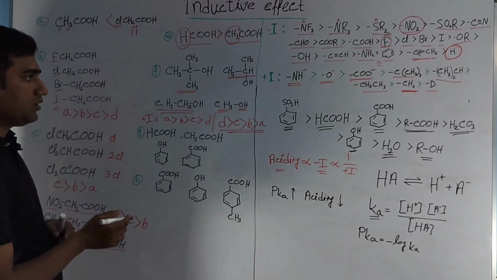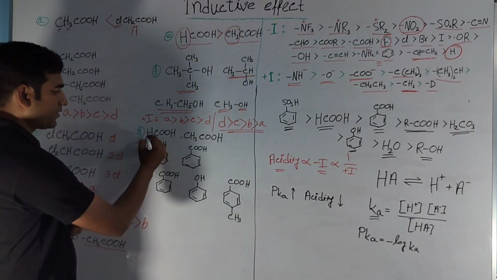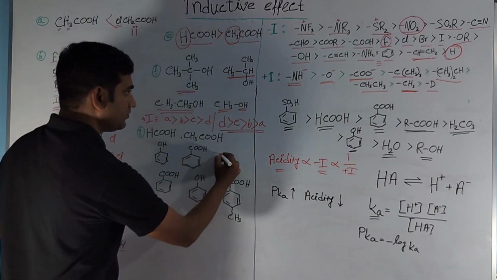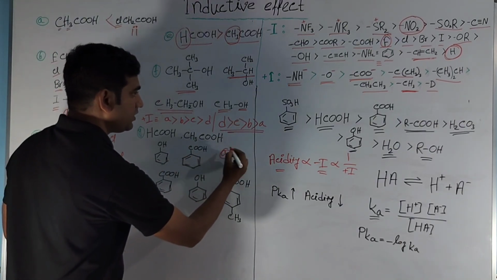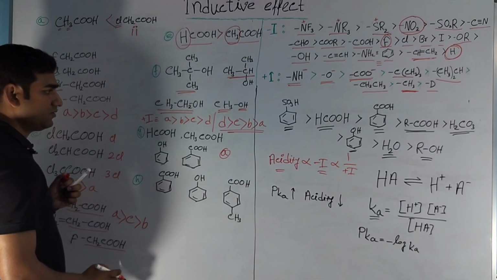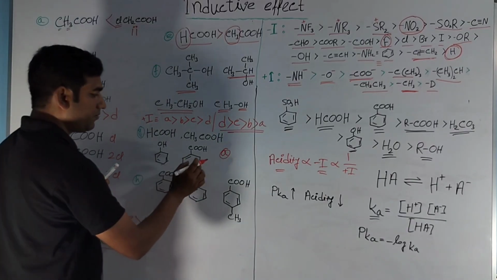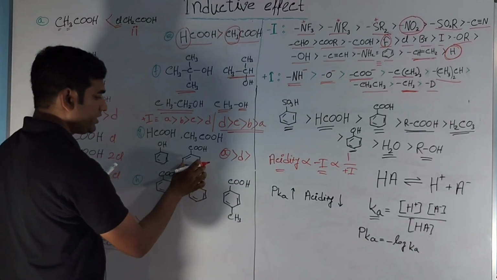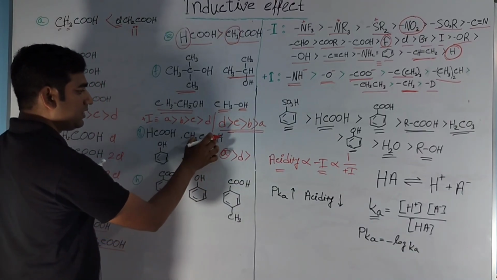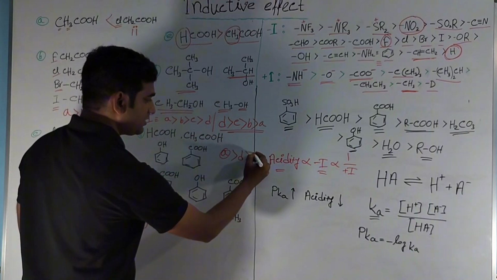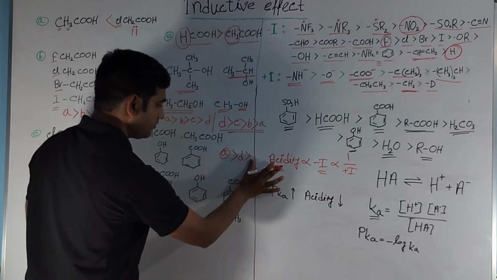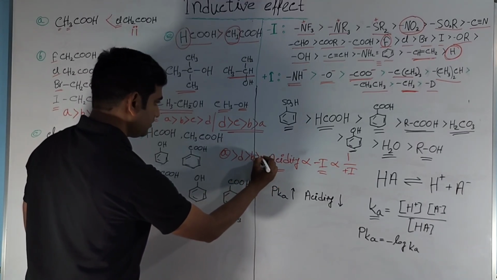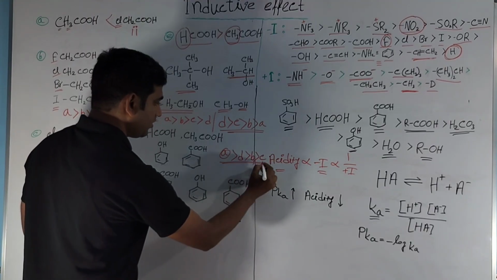So A, the first one, is the most acidic, formic acid, then benzoic acid D, then acetic acid, and the last one is phenol.